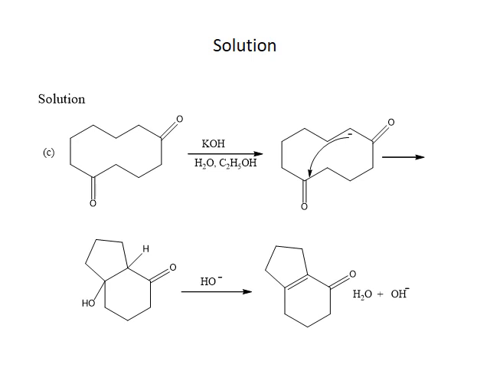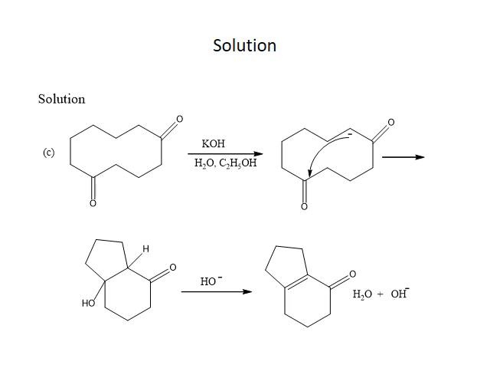We obtain the alpha beta unsaturated ketone. Note that the theoretically possible formation of the enolate on the other side of the ketone group can theoretically lead to a 4-membered aldol addition product.